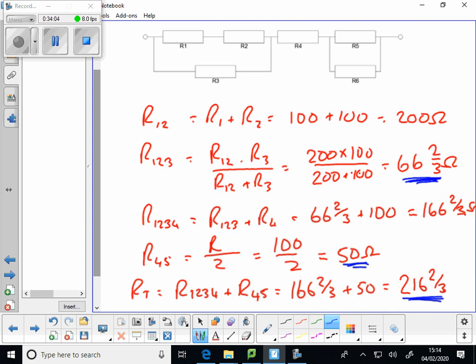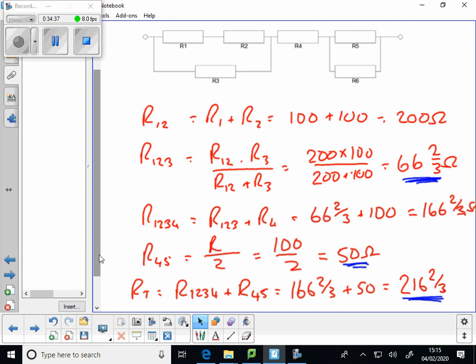So what we're saying is we can take all of that out and put one resistance of 216 2/3 ohms in the circuit. We'd have exactly the same circuit in terms of current given voltage. What you're doing is you've essentially broken that circuit down into all series, because you've solved that bit by adding those two together in parallel.